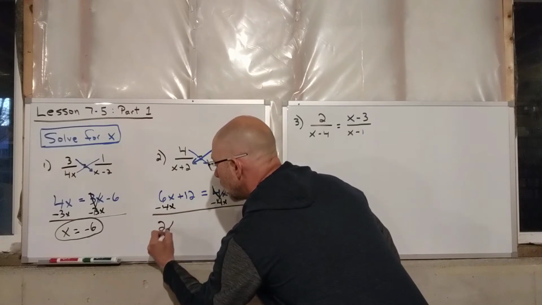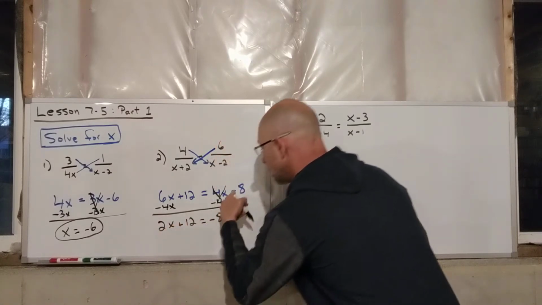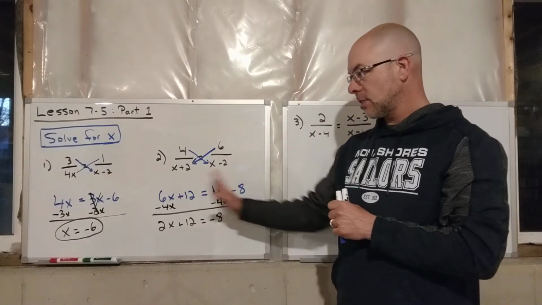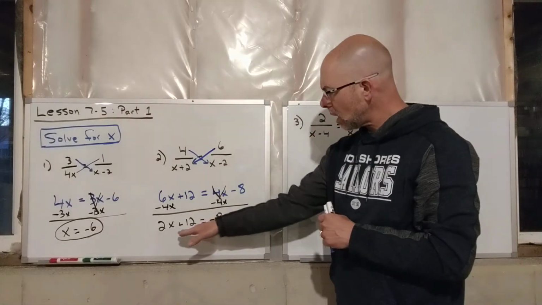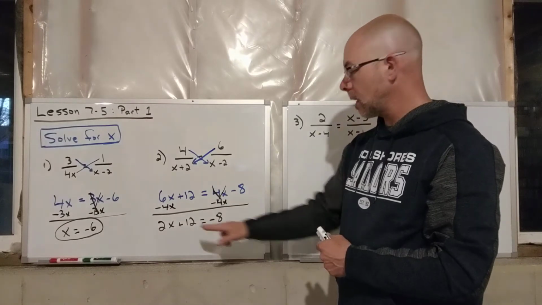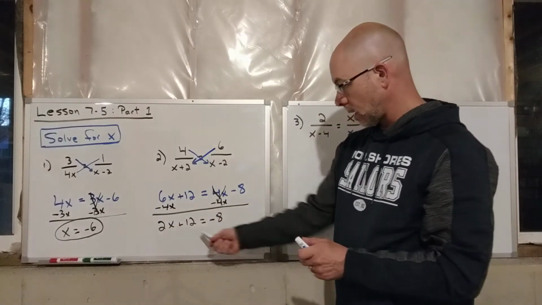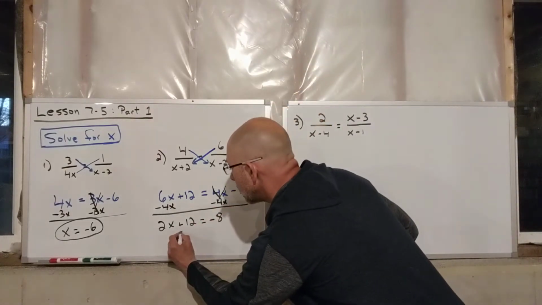That gives me 2x plus 12 equals negative 8. Sign goes along. And by the way, you will notice if x's need to be moved, that's always the first thing I move. Next is 2x plus 12 equals -8. We're on to basic solving. Subtract 12 from both sides. Divide by 2 is what's next. I can see I'm going to be cramped for space here, so bear with me. So minus 12.